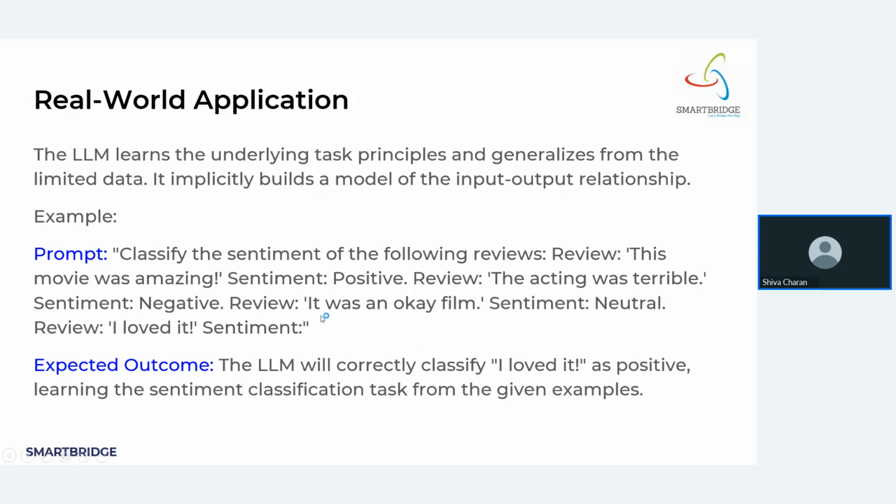Okay. So based on those two examples, it should classify this review and provide the output. The expected output will be positive, learning the sentiment classification task from the given examples. I hope now you understood.